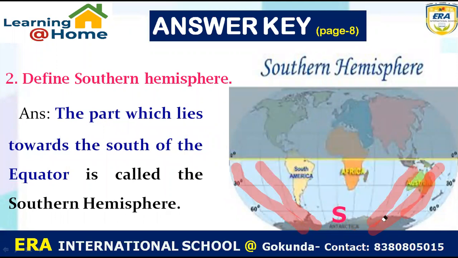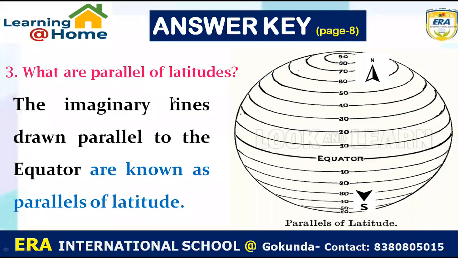Okay, done. Next point. Question number 3rd. What are parallels of latitude? So you know that there are imaginary lines. What kind of imaginary lines are drawn parallel to the equator?